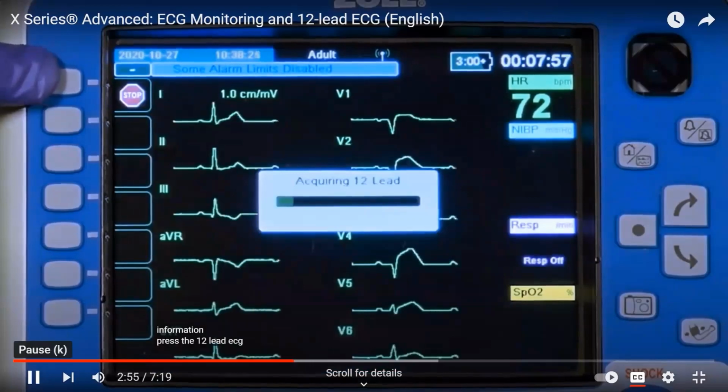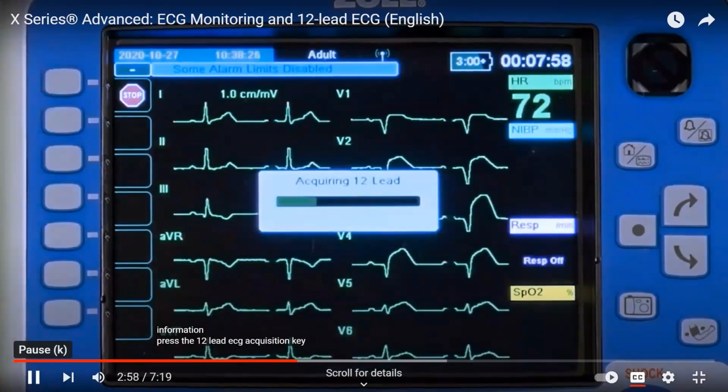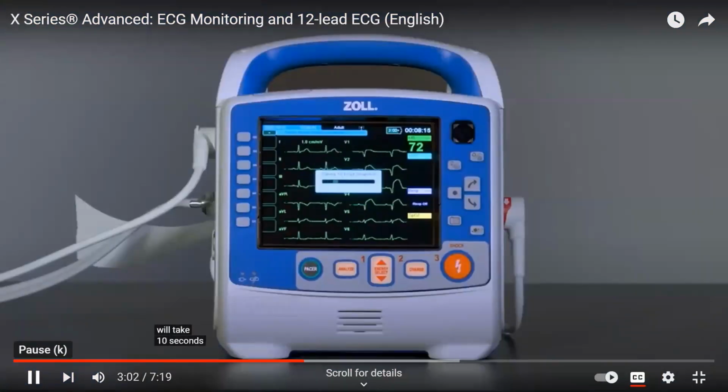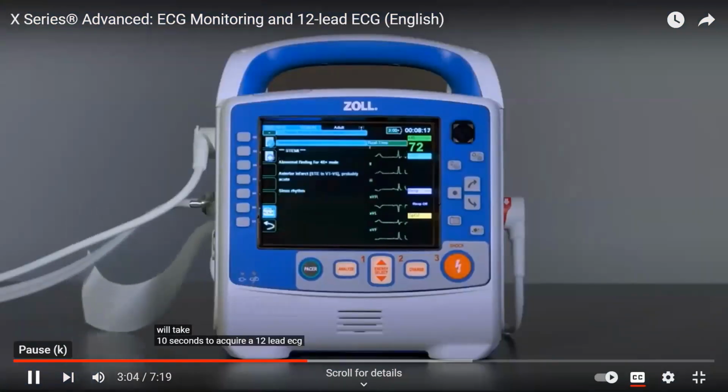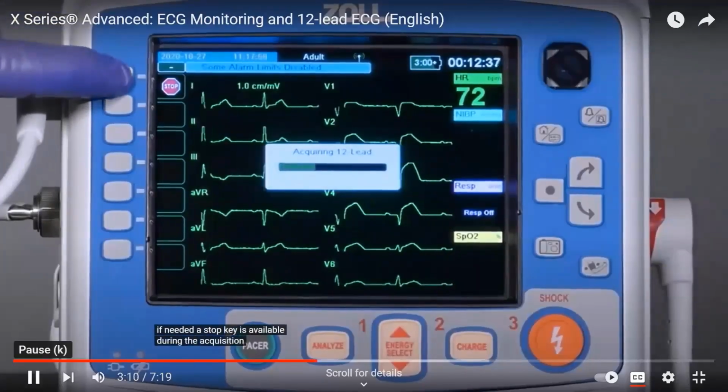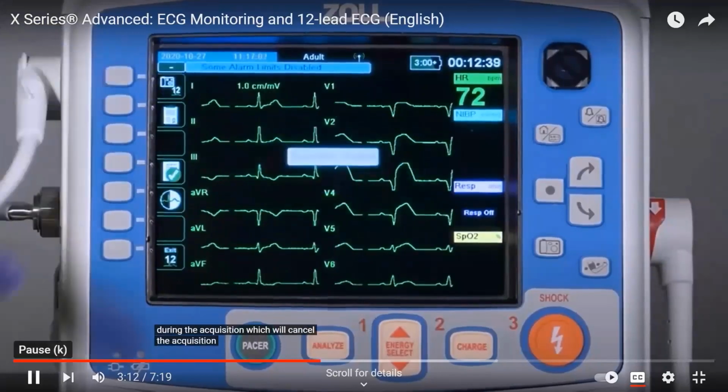Press the 12-lead ECG acquisition key a second time to begin the process. It will take 10 seconds to acquire a 12-lead ECG. If needed, a stop key is available during the acquisition, which will cancel the acquisition.